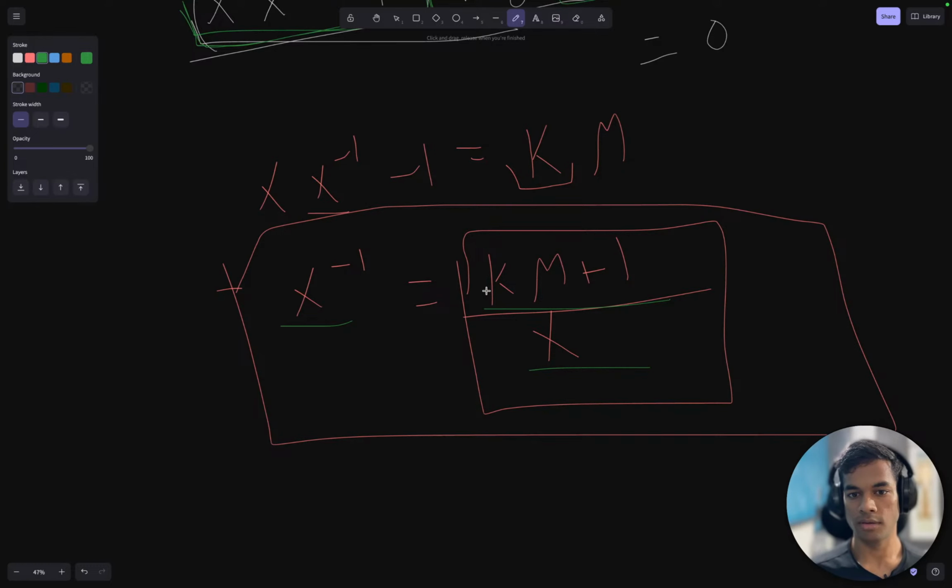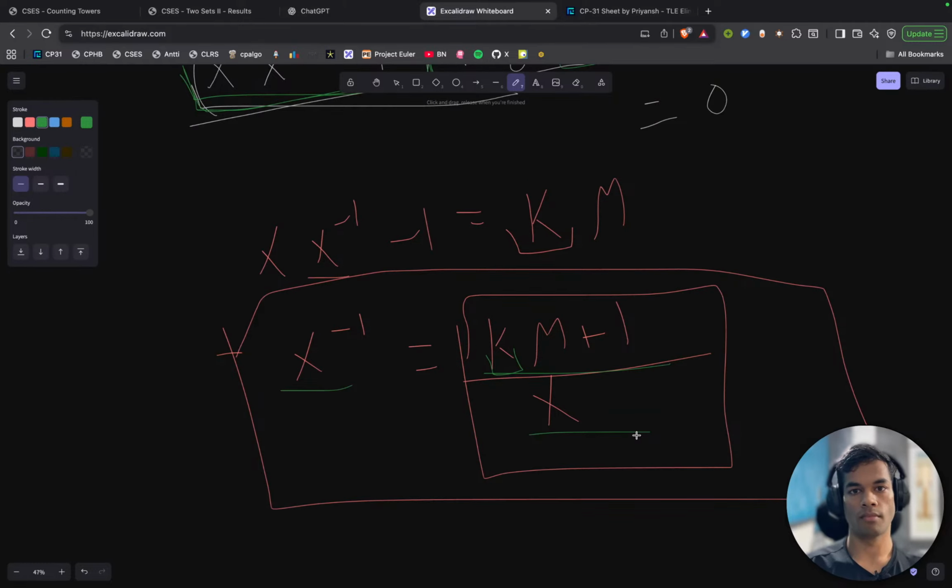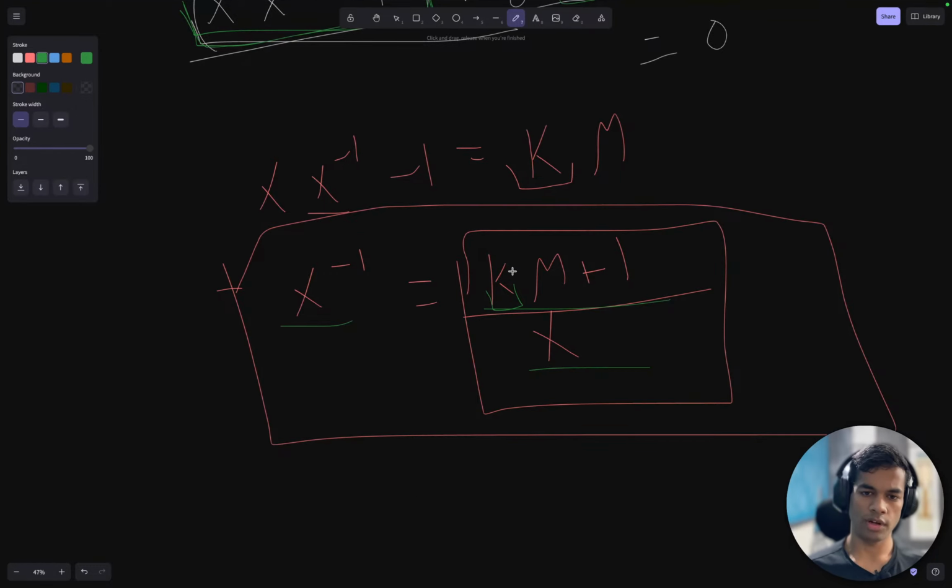Now the question is, what value can we put in place of k? Yes, that is the question.